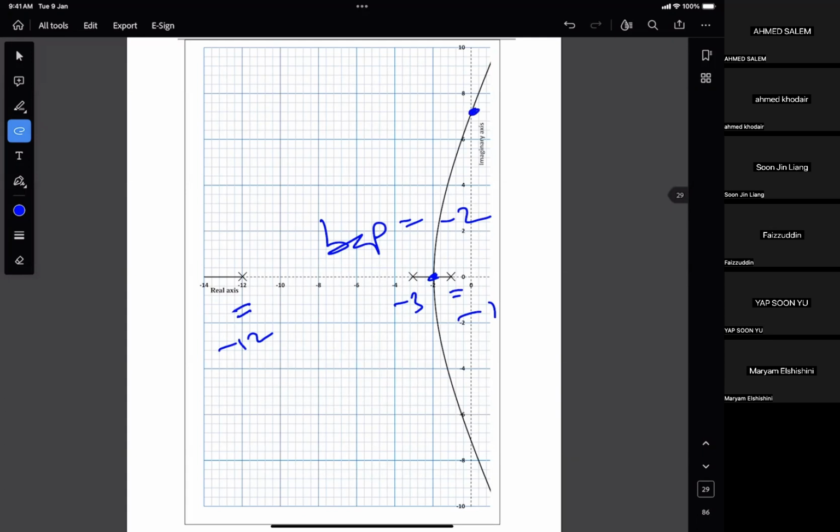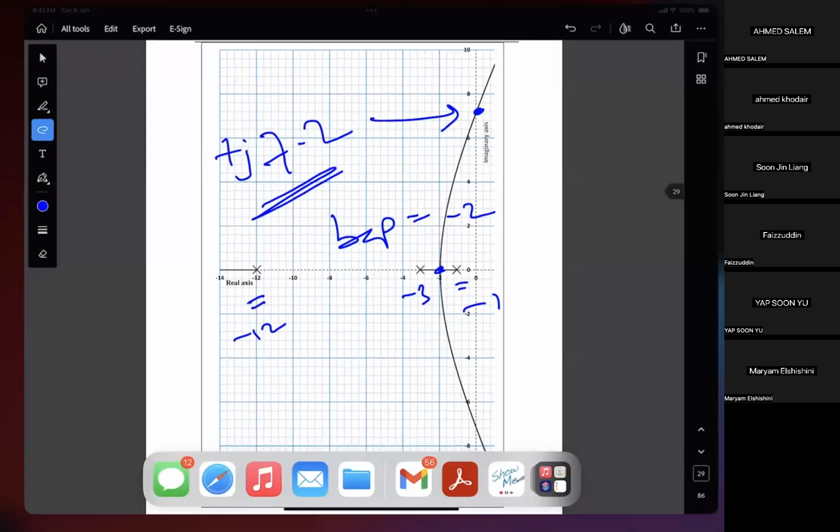What is the value there? About 7.2. 7.2. Okay.